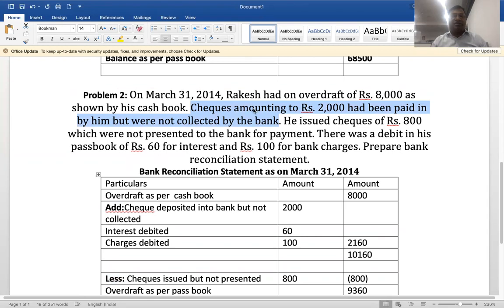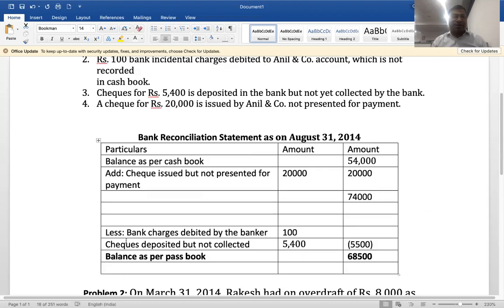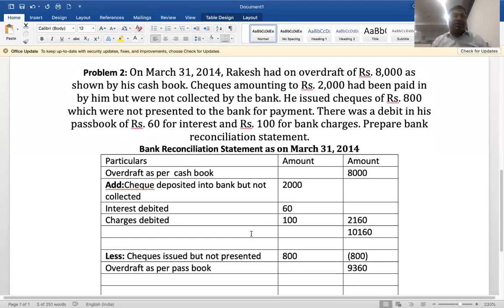Checks deposited but not collected by the bank. Earlier, when it was favorable balance, it was deducted. But in negative balance, checks deposited but not collected will be added. Therefore, we have taken 2,000.